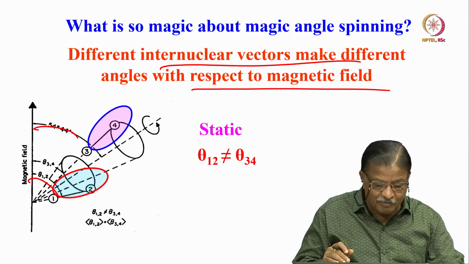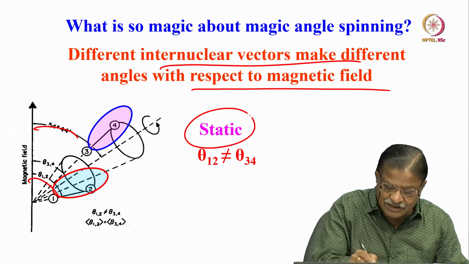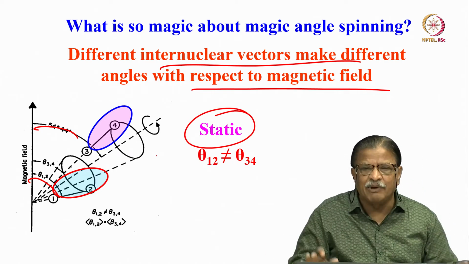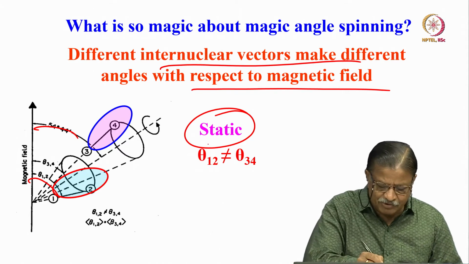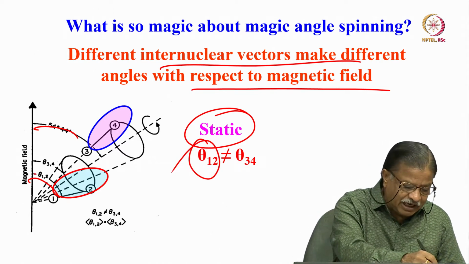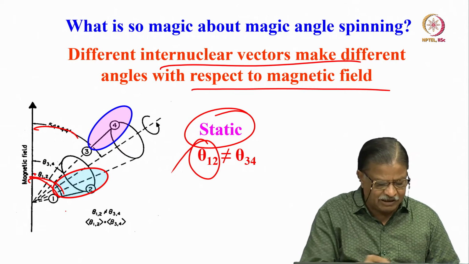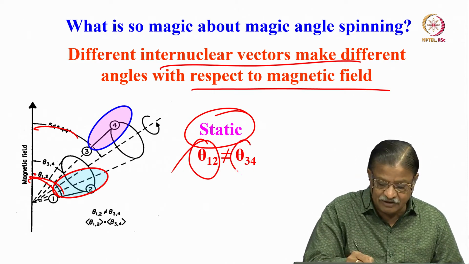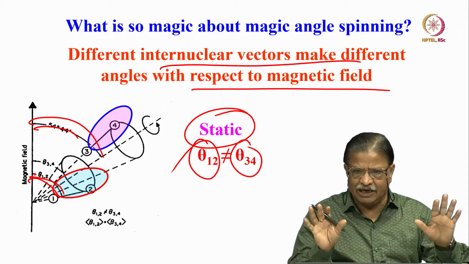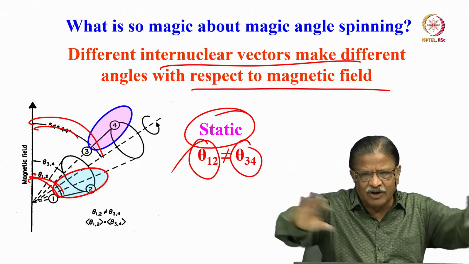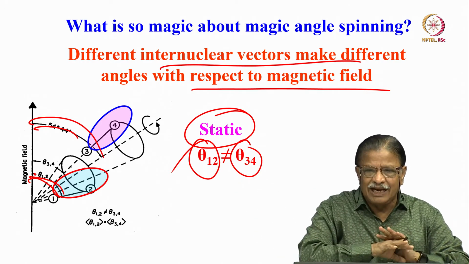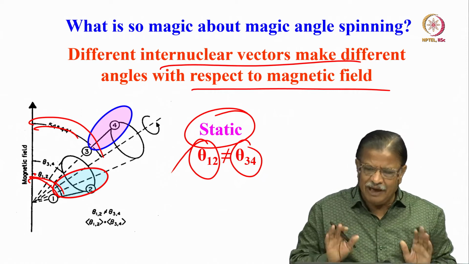Then what is going to happen is, if I consider a static situation, I do not spin the sample at all, then I come across a situation where this theta 1, 2, the angle between internuclear vector 1, 2 and the magnetic field, is not equal to theta 3, 4, correct. If you put the sample, different internuclear vectors are there making different angles with respect to the magnetic field.